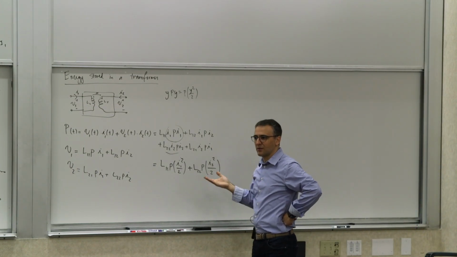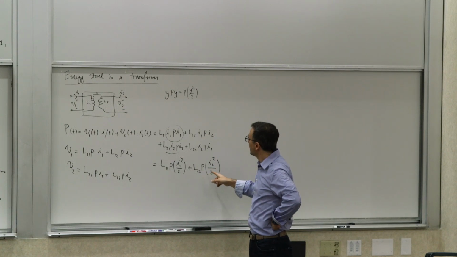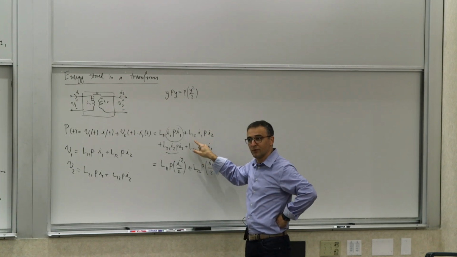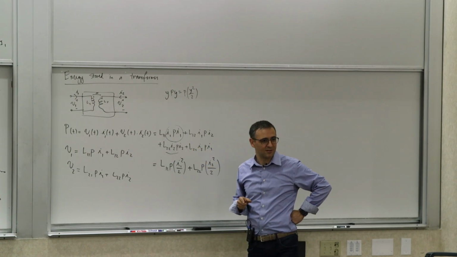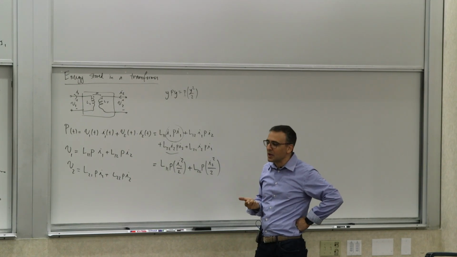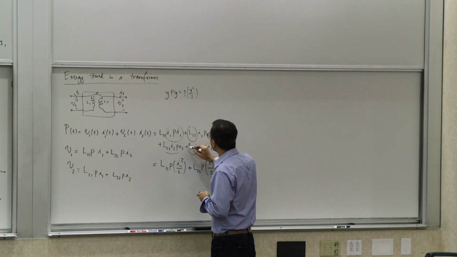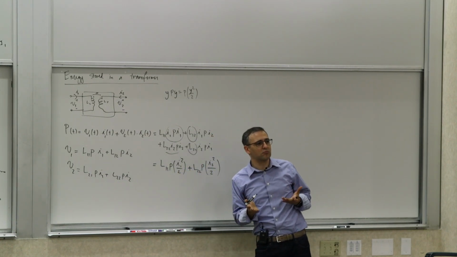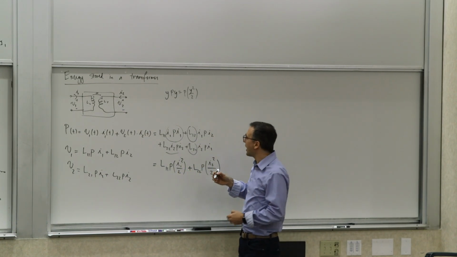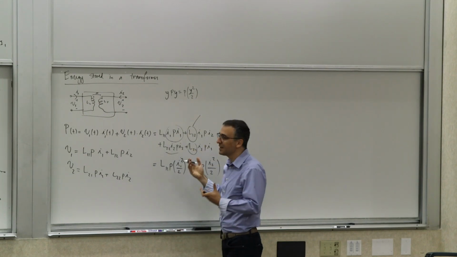So the derivative of a product, obviously. So they arise from that, but they don't have the same coefficient, it appears. So whatever these coefficients are, L12 and L21 are some different amounts. But I can write both of them. So there's some difference between them.